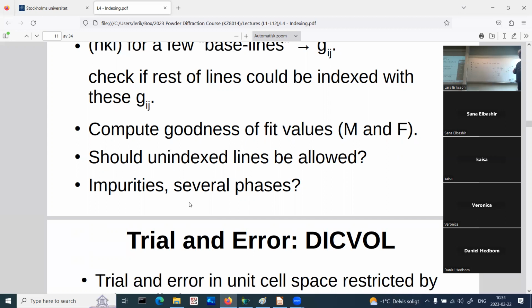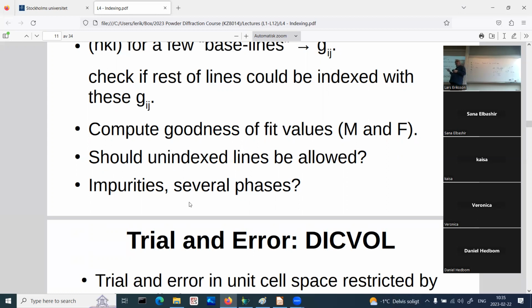Perhaps if you have a two-phase sample or several phases, you can allow a lot of lines, and if it still finds a very high figure of merit for a subset of them, that is perhaps a way to find the cell in a multi-phase sample.